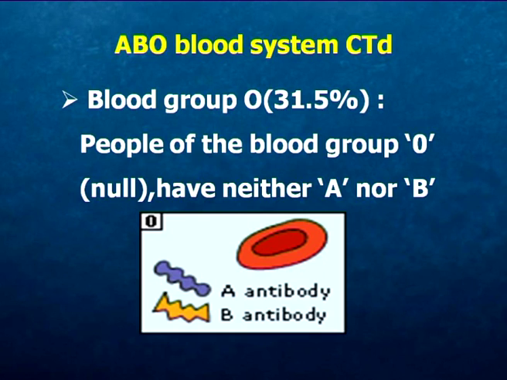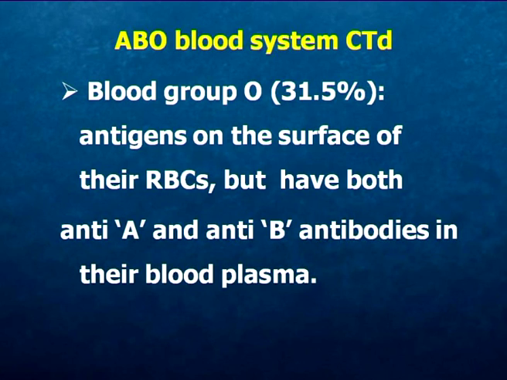Now, people with blood group O do not possess antigens, having neither A nor B antigens on the surface of their RBCs, but have both anti-A and anti-B antibodies in their blood plasma.